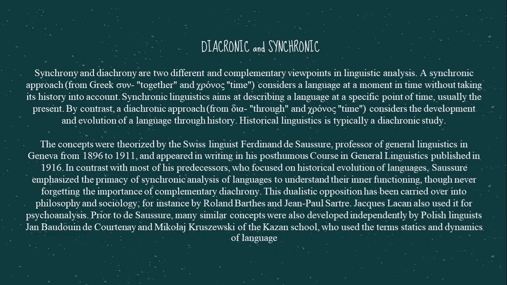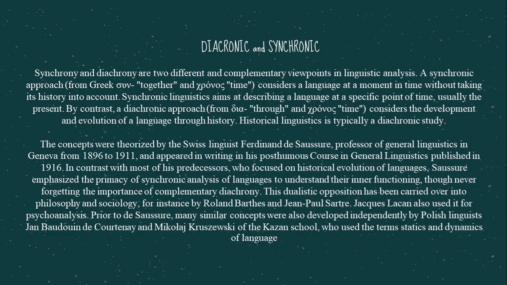The concepts were theorized by Swiss linguist Ferdinand de Saussure, professor of general linguistics in Geneva from 1896 to 1911, and appeared in writing in his posthumous Course in General Linguistics, published in 1916.